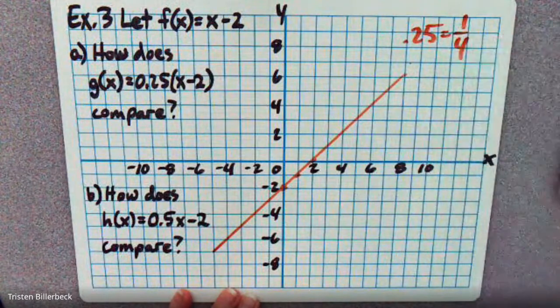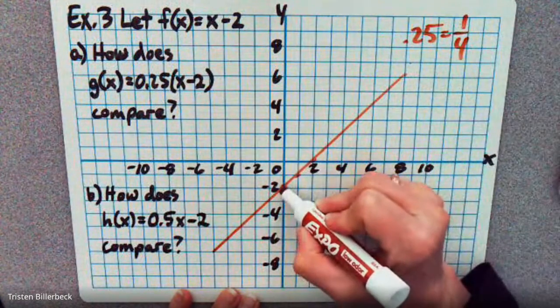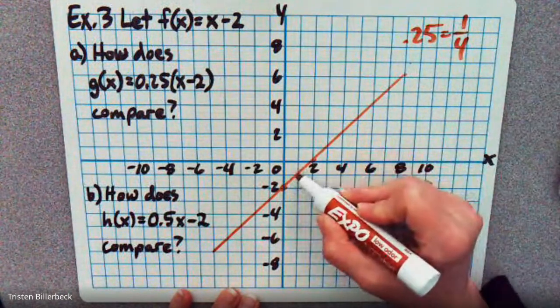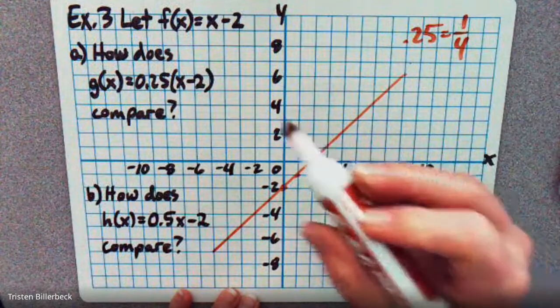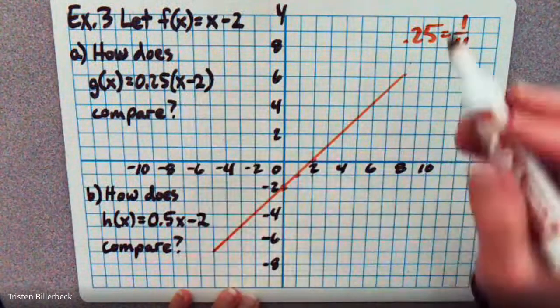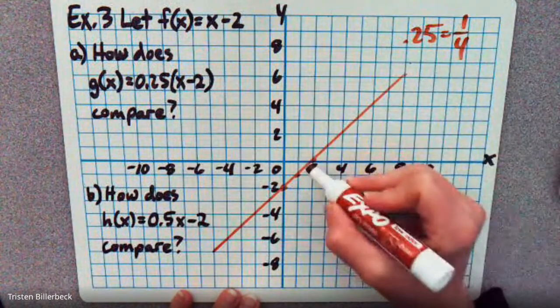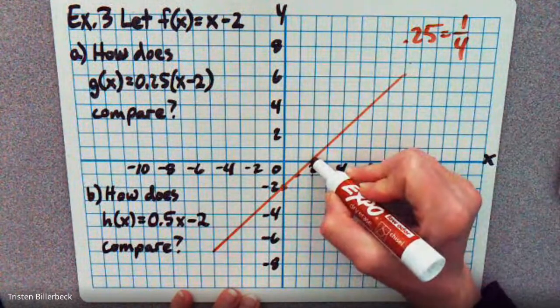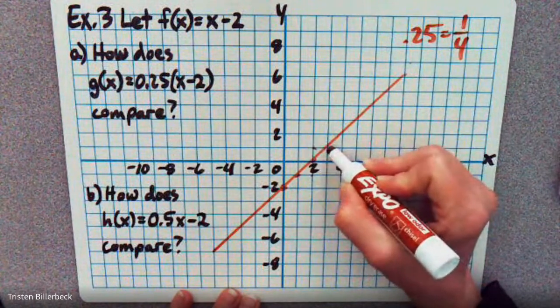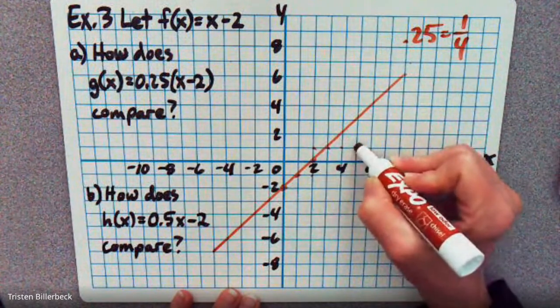So that's a rise of 1, run of 4. So from this point, we're going to rise 1, run 1, 2, 3, 4.